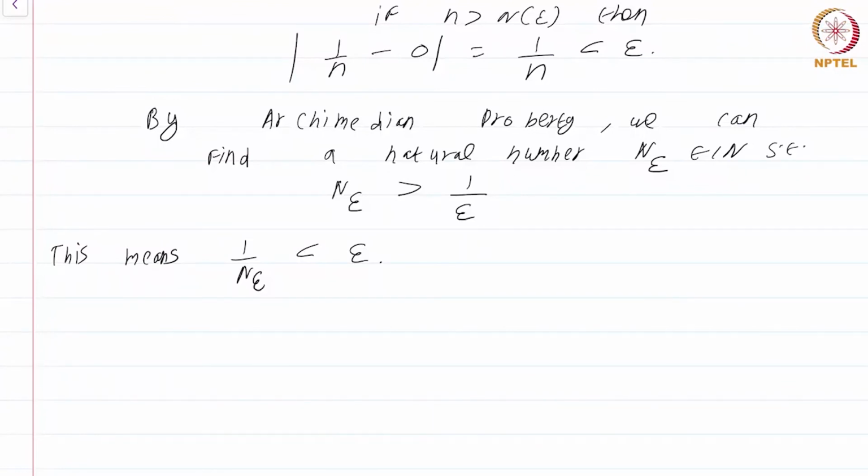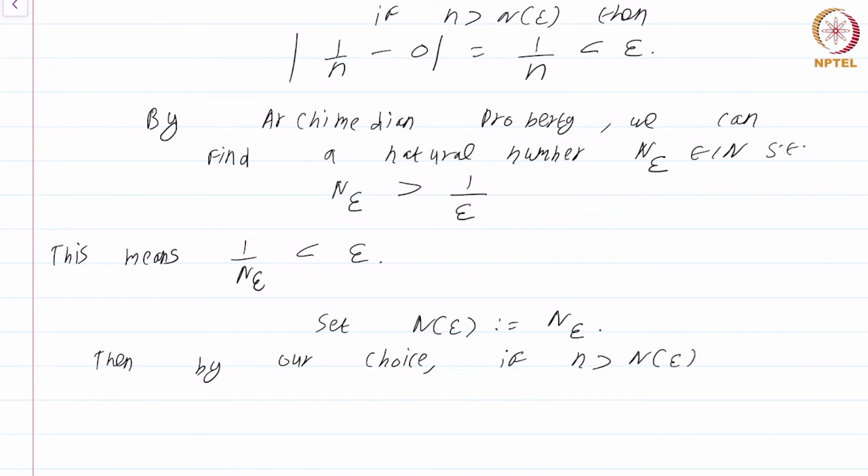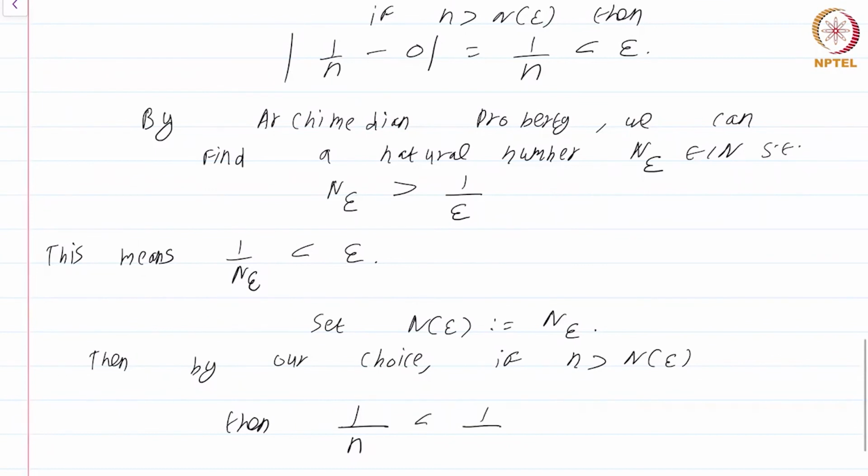Now just set N of epsilon to be this N epsilon. Then by our choice, if small n is greater than N epsilon, then 1 by n is definitely going to be less than 1 by N of epsilon, because n is greater than N of epsilon, which is less than epsilon.